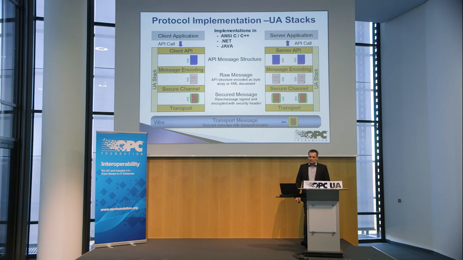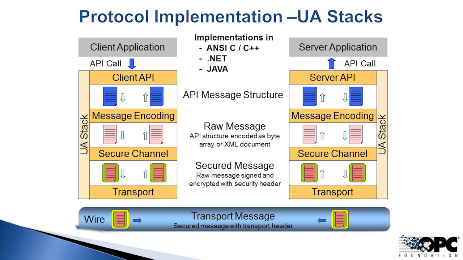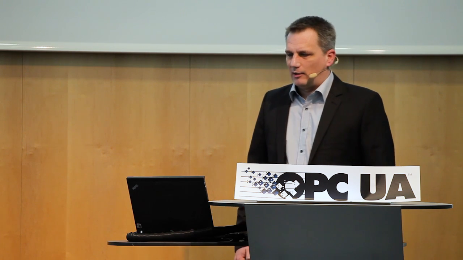And this is the concept of transferring data from a client to a server and back. And here you can see the different layers, message encoding, security, and transport, which is all implemented in the stack. And the good thing to know is, you don't need to implement those stacks, because those stacks are already available from the OPC Foundation in 3 programming languages, and you just pick the one that you need to integrate in your application.